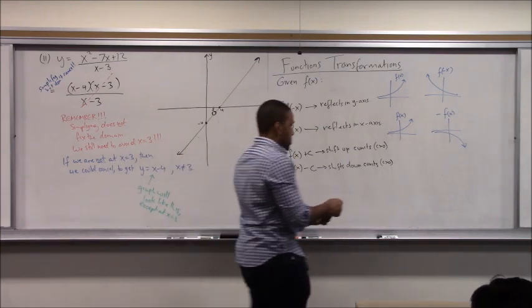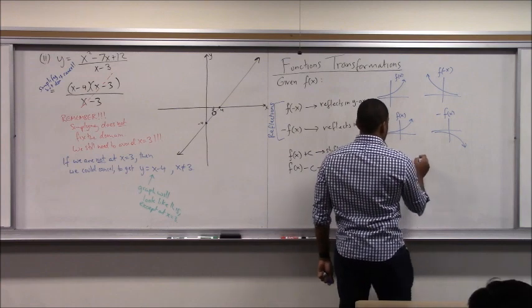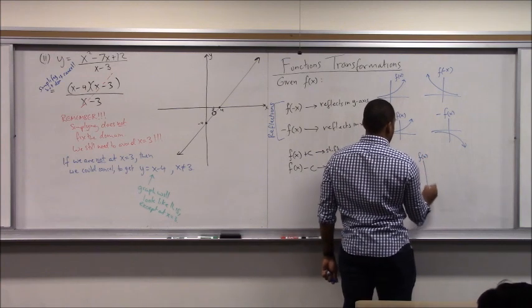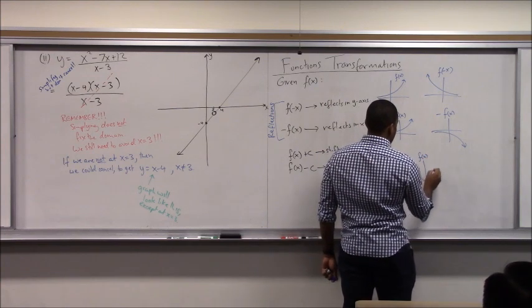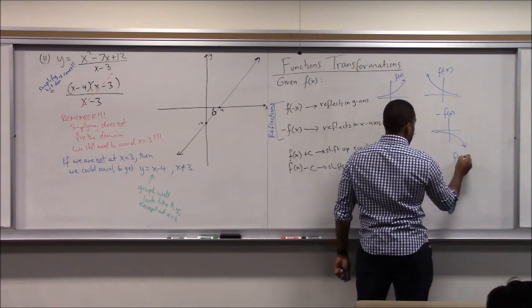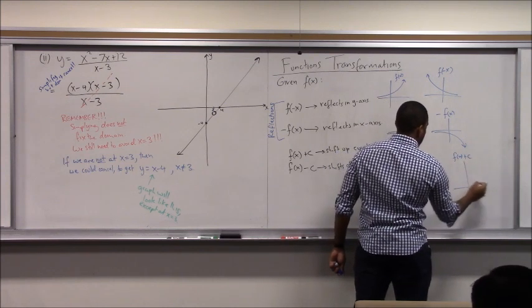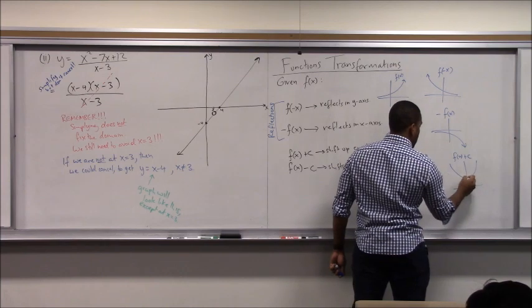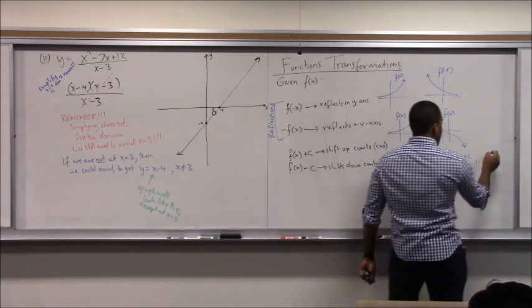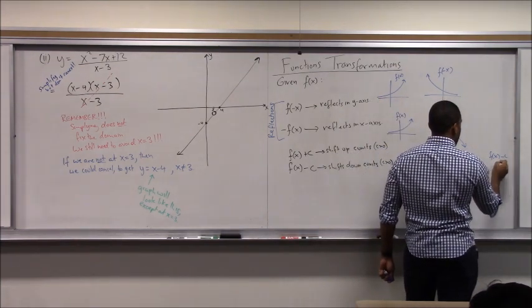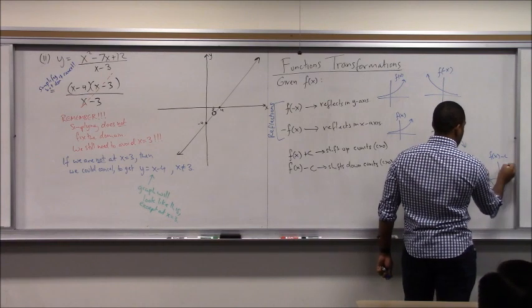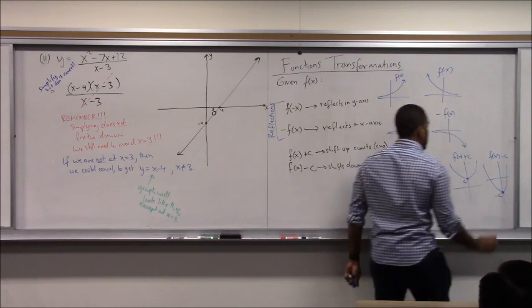So I can look at f of x here. Let's say it looks like y equals x squared. Then f of x plus c is going to move up by c units, whereas f of x minus c will move down by c units.